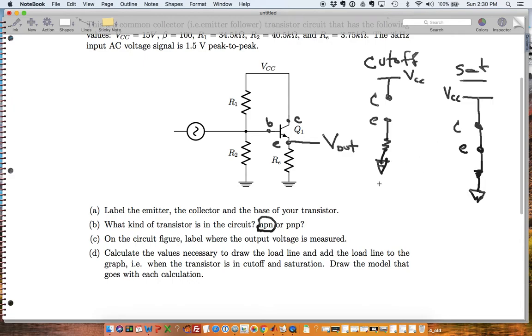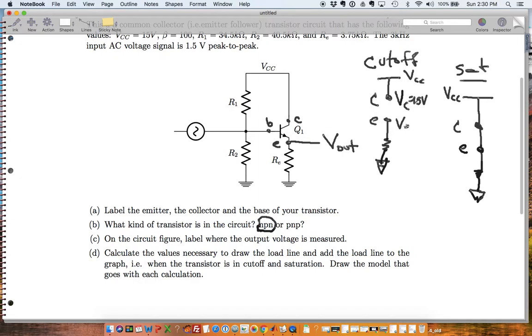And so to do the calculation here, we know that the VC here is equal to 15 volts, because the current can't flow, so there's no voltage drop here. So the voltage at C has to be the same as the source voltage, and so that's 15 volts. And then at E, since there's no voltage drop here, it's connected to ground, so it's not connected to C, so it's got to be 0 volts.